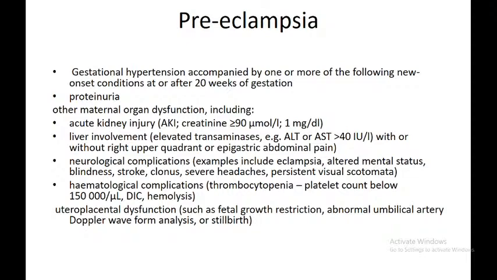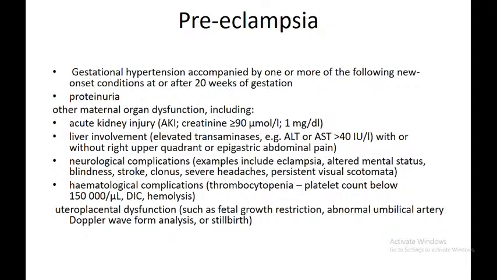And neurological complications can also be seen, in the form of eclampsia or coma or severe headache or even visual disturbances. In the hematology, we may see thrombocytopenia, that is a platelet count less than 1.5 lakhs, or hemolysis. And there can be even uteroplacental dysfunction, which is usually seen as a fetal growth restricted baby, or when we do Doppler velocimetry, there can be abnormal values in the Doppler waveform analysis, or sometimes even a stillbirth is seen.